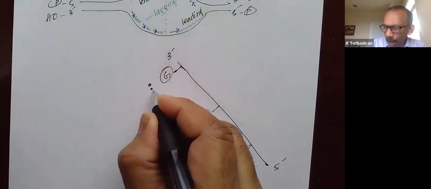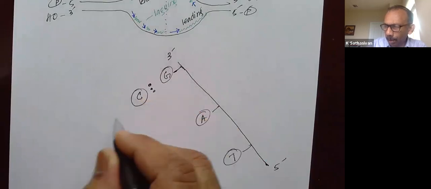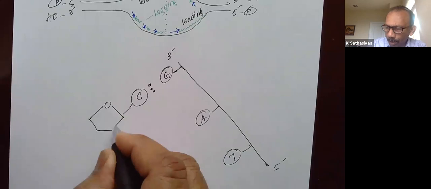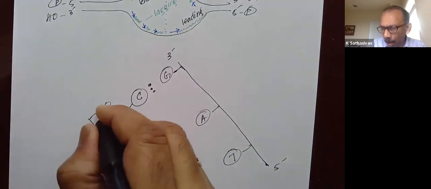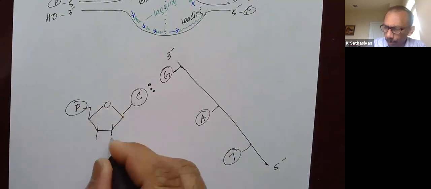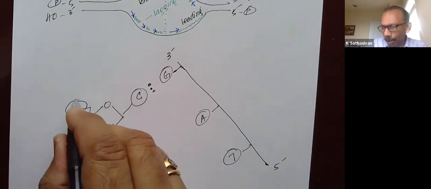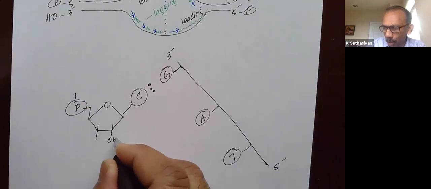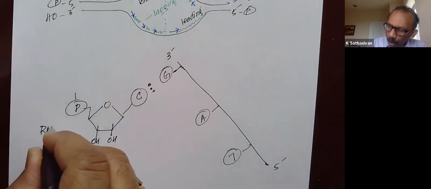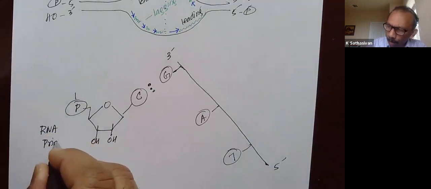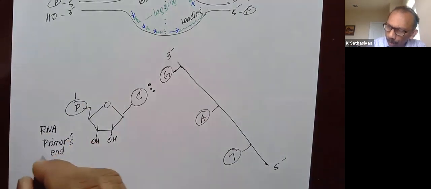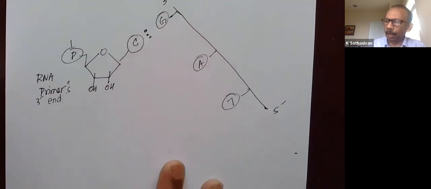The G has C as the first starting nucleotide, and that is actually an RNA primer. I'm going to put a single phosphate here, and this is going to continue like that. This has an OH and an OH. This is part of the RNA primer, the 3' end of the RNA primer like that.